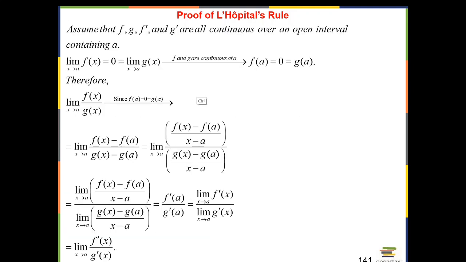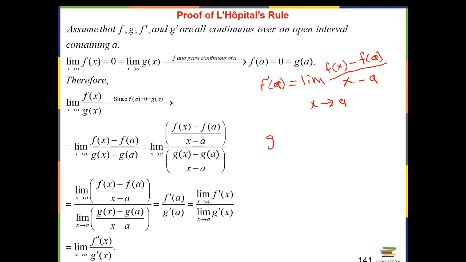All right, the proof of this is pretty easy, because what we want is this. We want to prove that the limit of f of x over g of x is the same as the limit of f prime over g prime. So we know the definition of f prime at a is the limit of f of x minus f of a over x minus a when x approaches a, right?